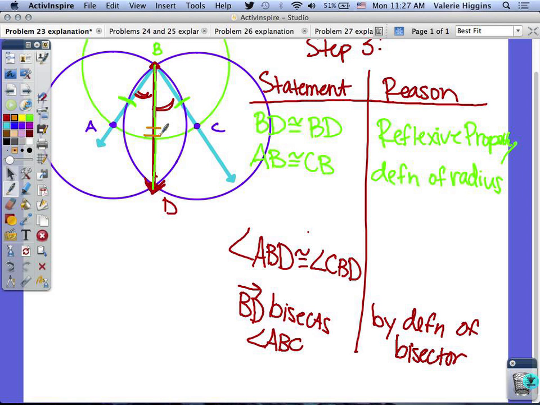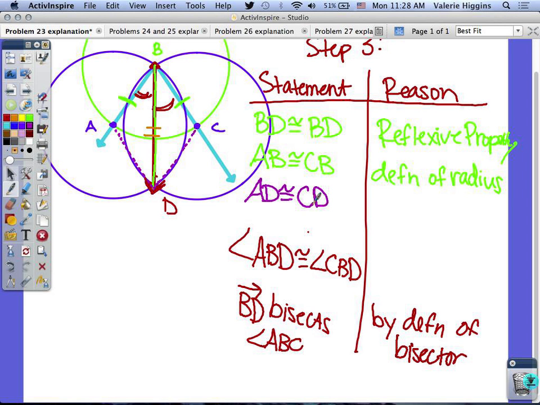AD is congruent to CD. Are they congruent? Yes. Why? By definition of, is that by definition of radius? Yeah, it is. Why? I don't know why, but I know it is. Well, how do I know?